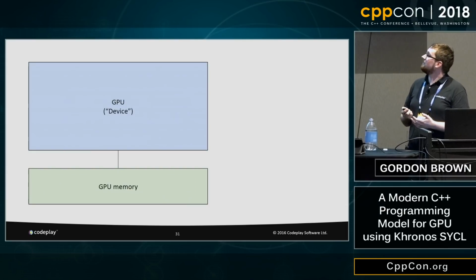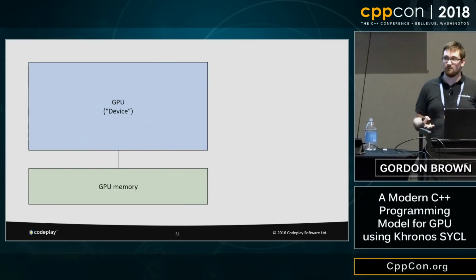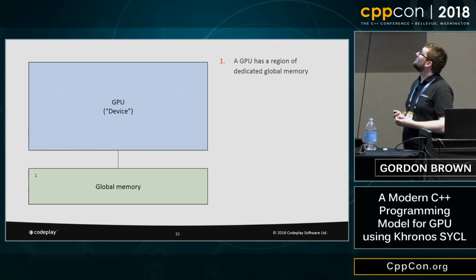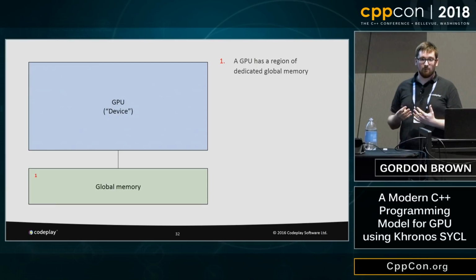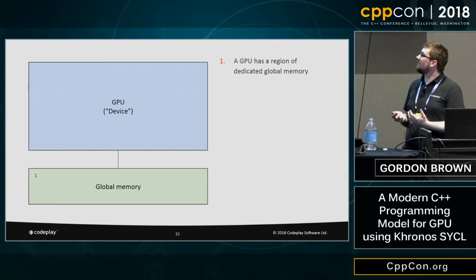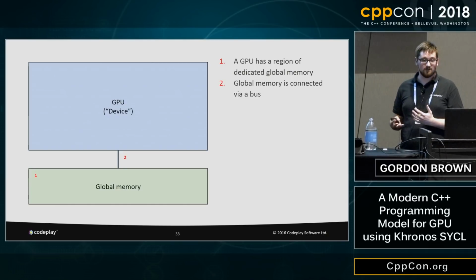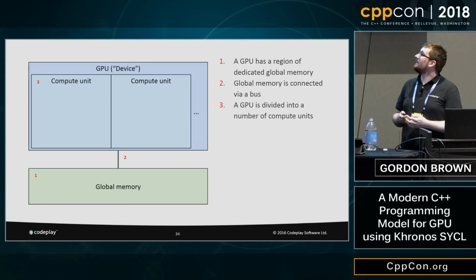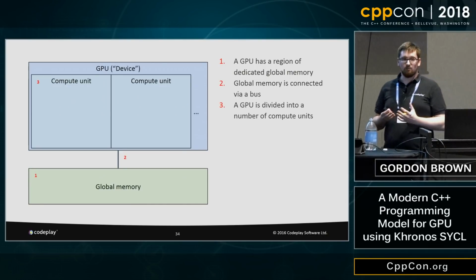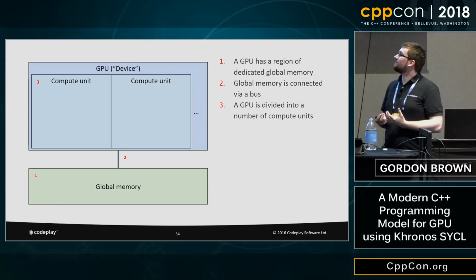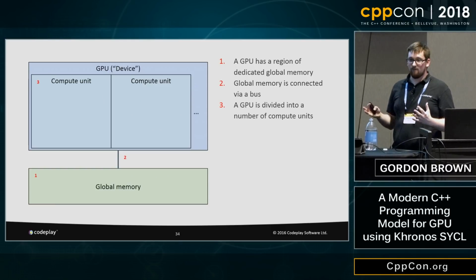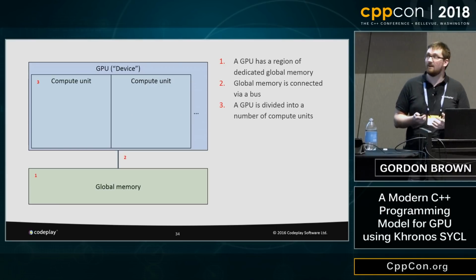And then on each core you have a number of registers. Then if we look at the GPU, it works slightly differently. The GPU also has a dedicated memory, which we call global memory, and this is also connected to the GPU via a bus. Inside the GPU, you have a number of what are called compute units. There's generally quite a lot of them, but I've only drawn two here just to make the diagram easier to visualize.